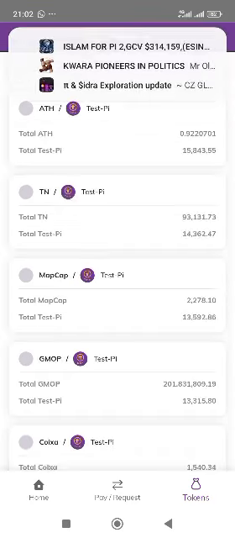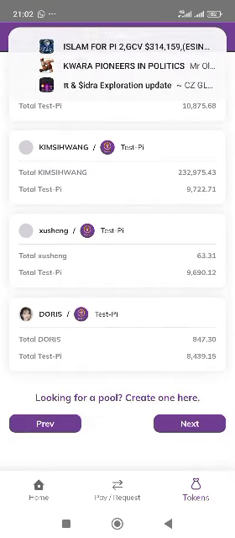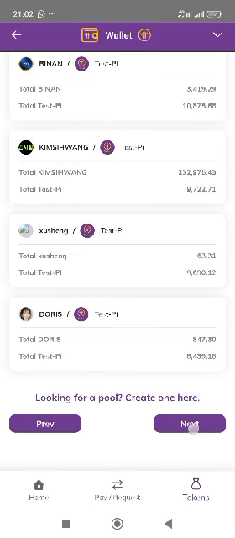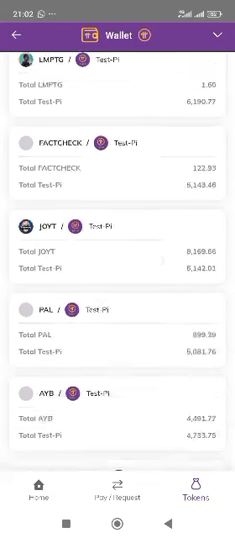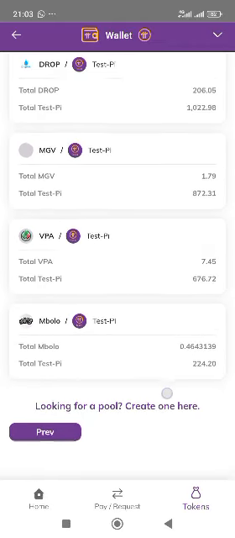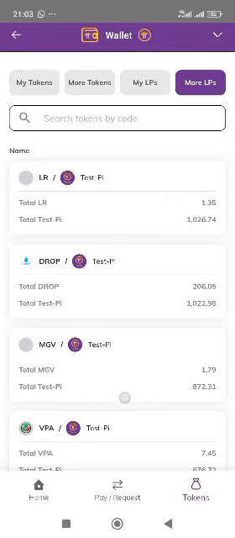You can see all those pairs of coins they have provided liquidity to. Do you understand? Next, you can see them here. So if I have interest in any pair here, I can just click it and provide liquidity to it.